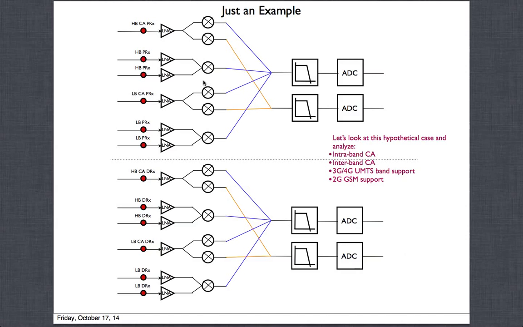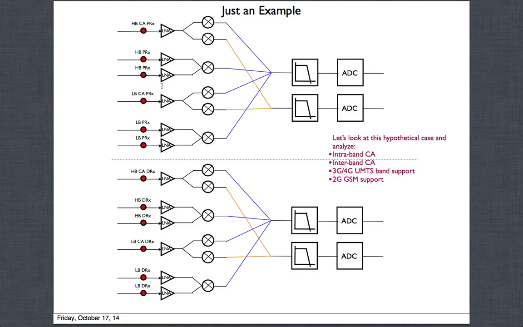So let's take this example where we have 1, 2, 3, 4, 5, 6. Okay, 6 primary inputs and 6 diversity inputs. So what I'm showing here is 12 inputs, right? 12 inputs with 12 LNAs, and not necessarily 12 signal paths, but we'll look at what we actually mean here.